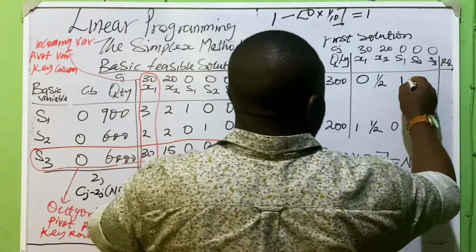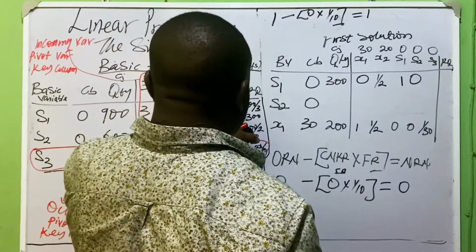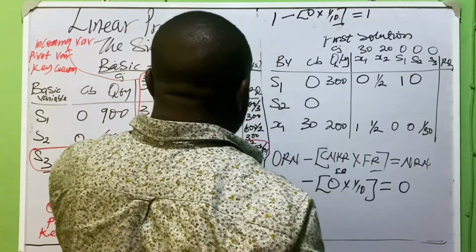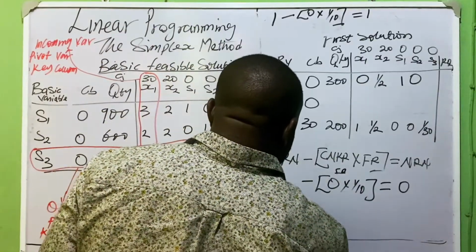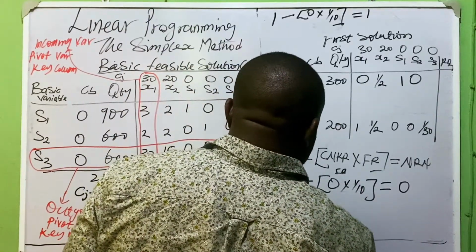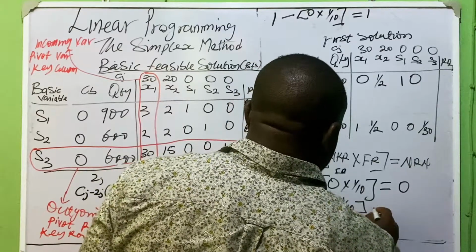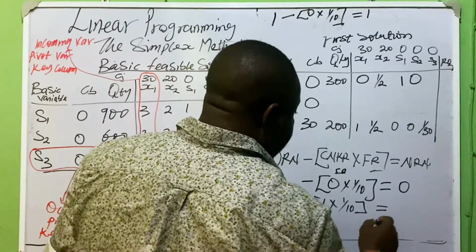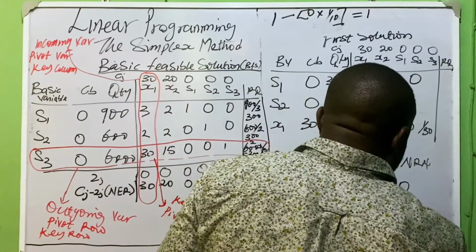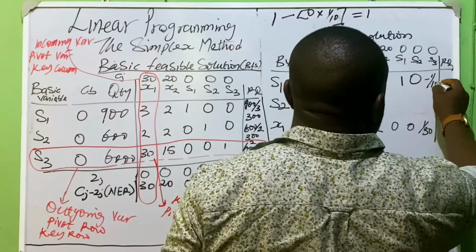So everything will come back to 0. The last one will be to transform this 0, and the corresponding value is 1. So we have 0 minus 1 multiplied by 1 over 10, so we're going to have minus 1 over 10.